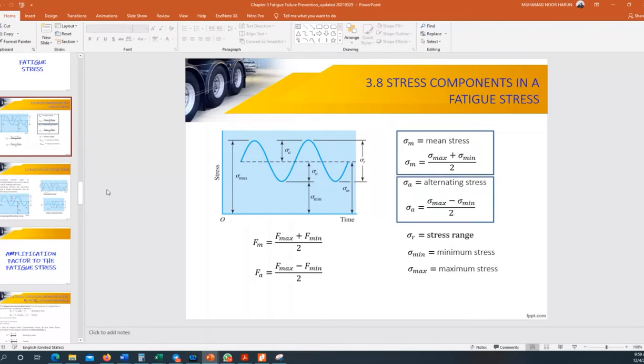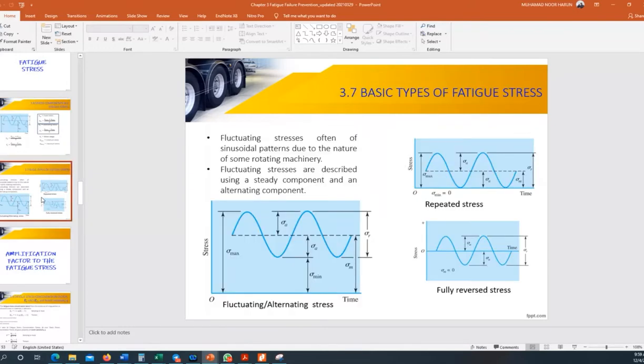So we have three different types of fatigue stress or fluctuating stress. Okay, one is that the test for endurance limit, they use RR Moore testing. It is fully or completely reverse stress macam ni.